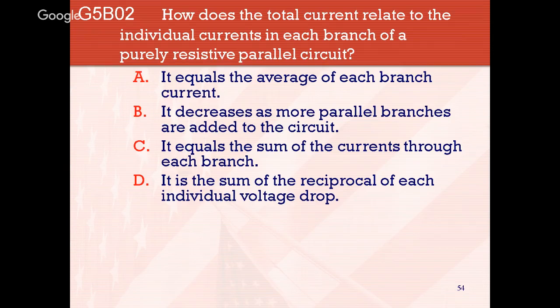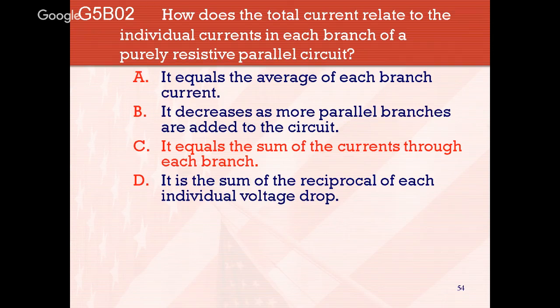How does the total current relate to the individual currents in each branch of a purely resistive parallel circuit? Remember, whatever current goes in has to equal the current going out, but it equals the sum of the currents going through each branch. Let's make it simple.